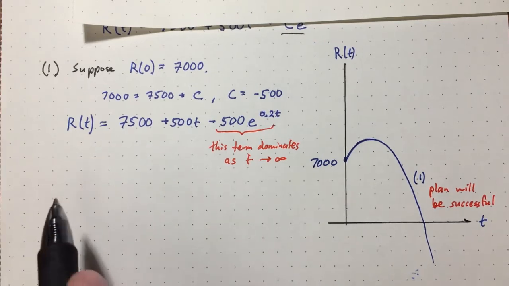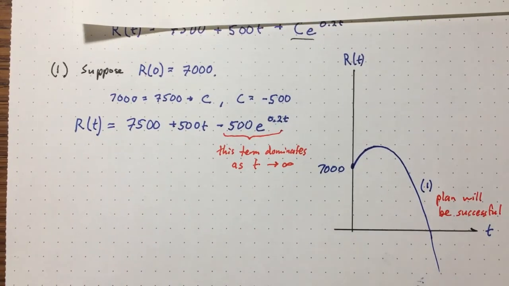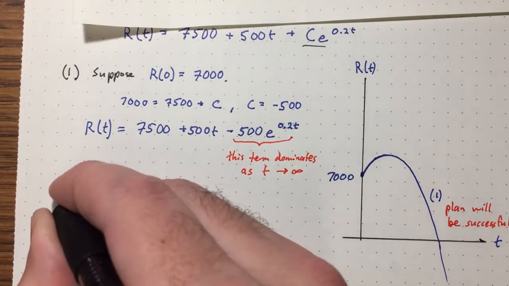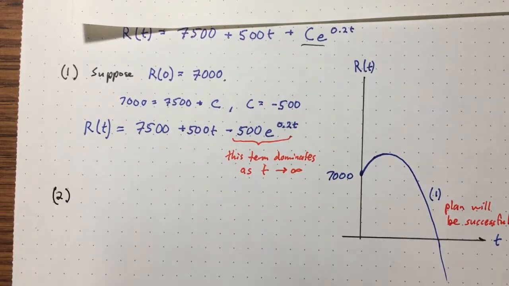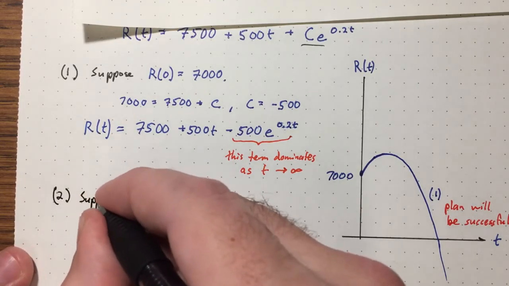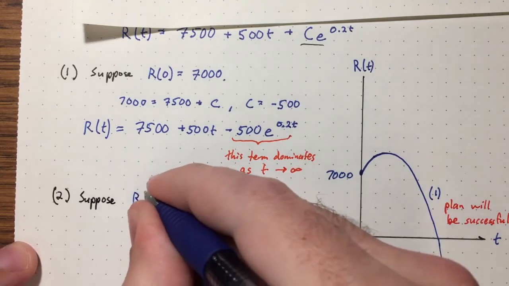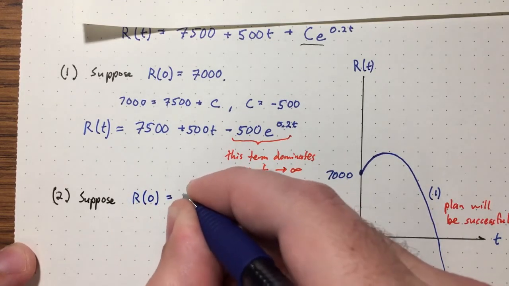Before I end this lecture, I'd just like to consider a couple more cases. There's something interesting going on here. What if we had slightly more rats? So what if r of 0 is 8,000?